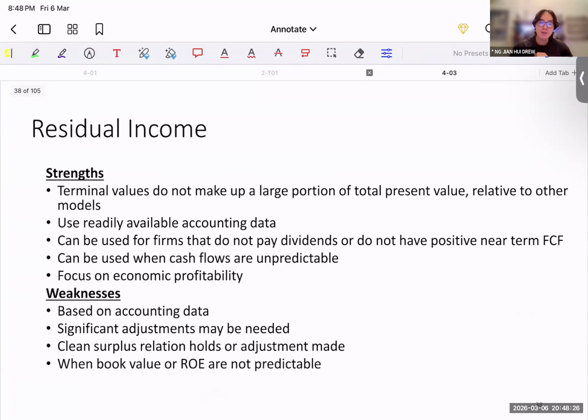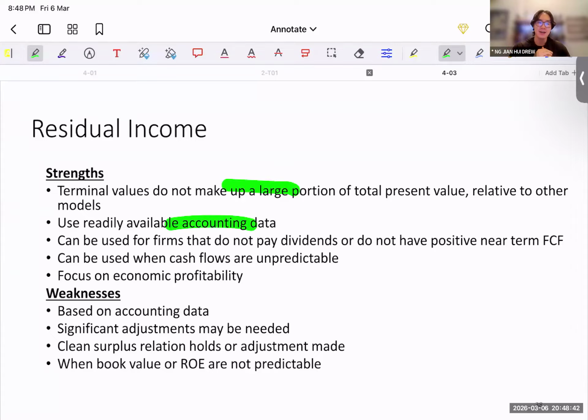So some strengths of the residual income model: terminal value does not make up a large proportion of the valuation. With residual income, we are using accounting data, and we have one example in the following slides. You will see that the formulation is slightly different. It's very accounting based.